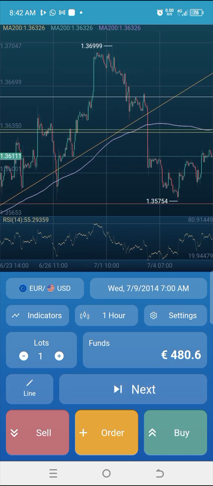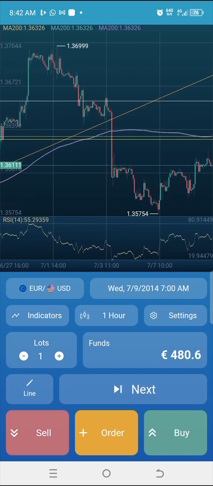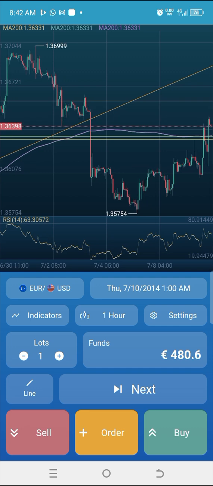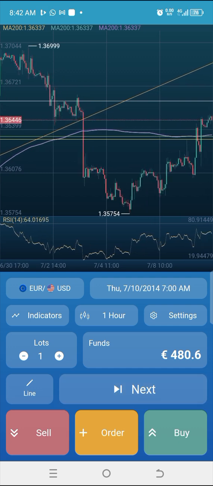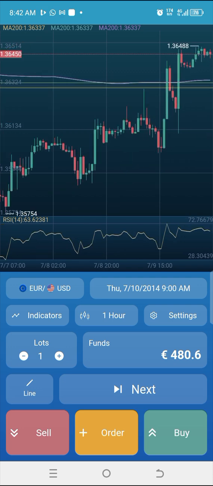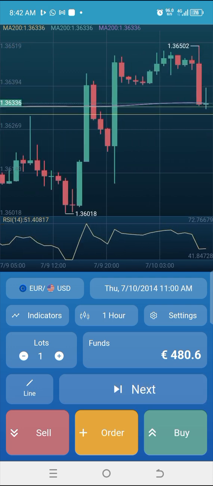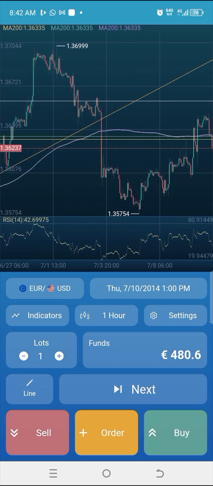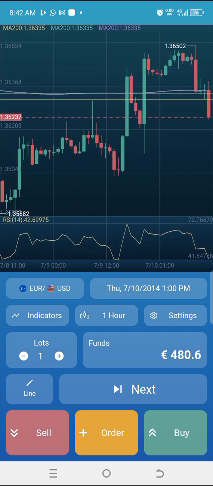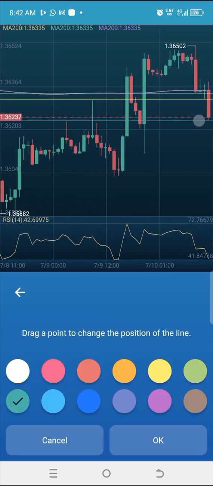Not yet. Not yet. Okay, price has come. Not yet. Not yet. Okay, I'm seeing a bearish engulfing.